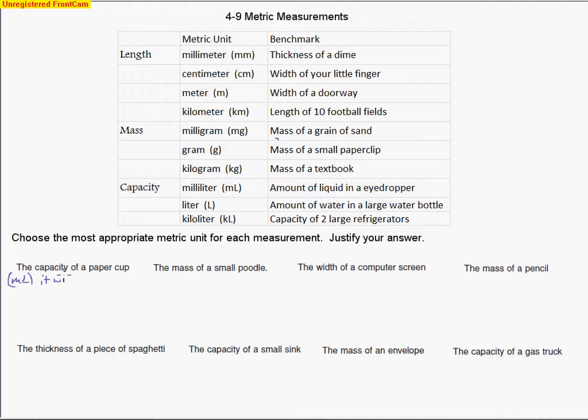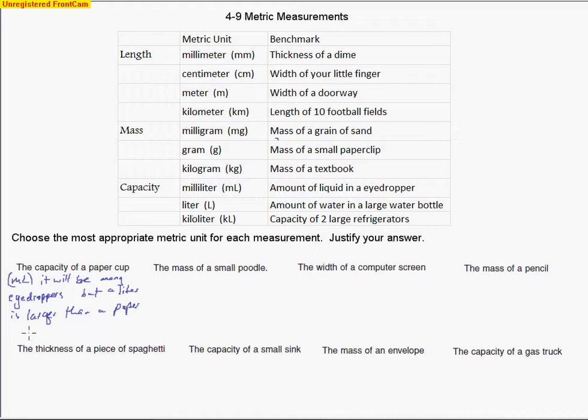It will be many eyedroppers, but a liter, which is the next unit larger that I would end up wanting to use, is larger than a paper cup.